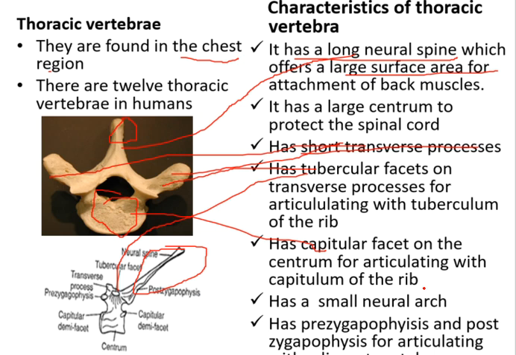And at the back, where it articulates with the thoracic vertebrae, it articulates at the tubercular facets, which articulate with the tuberculum of ribs. Then capitular facets, which articulate with the capitulum of the ribs. Then it has a small neural arc, then pre-zygapophysis and post-zygapophysis for articulating with the adjacent vertebra.